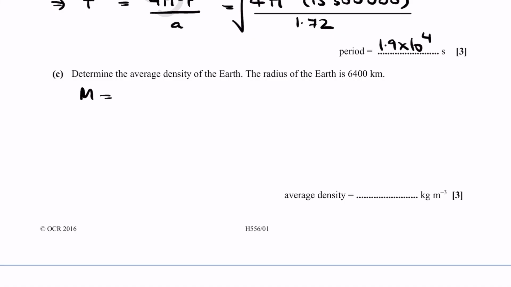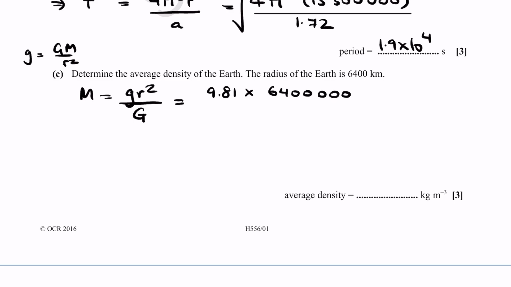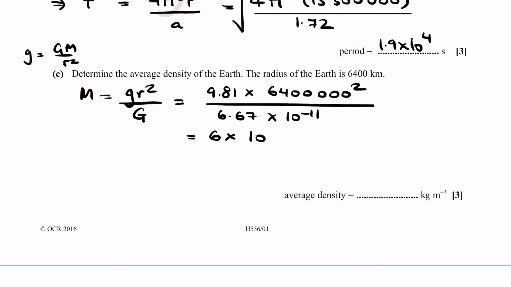So m is equal to, well, I'm using g equals GM over r squared to make m the subject: g r squared over capital G, and 9.81 times 6,400,000 squared over 6.67 times 10 to the minus 11, and that gives me what I already knew, so kind of anticlimactic.